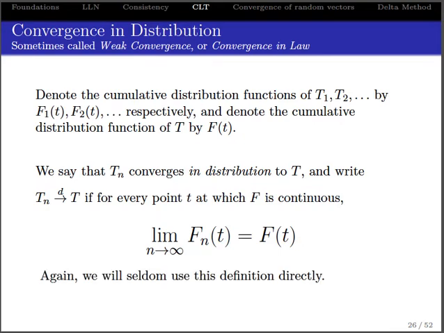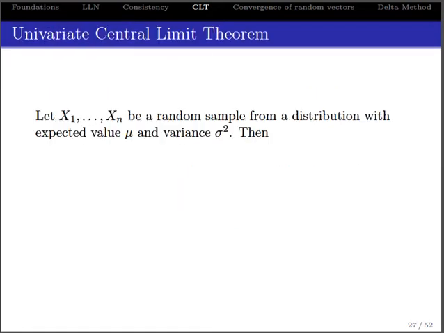Again, we're not going to use this definition directly very much. Just as in the case of convergence in probability and convergence almost surely, where we mostly start with the law of large numbers, when we're doing convergence in distribution, we mostly start with the central limit theorem. The univariate version goes as follows.